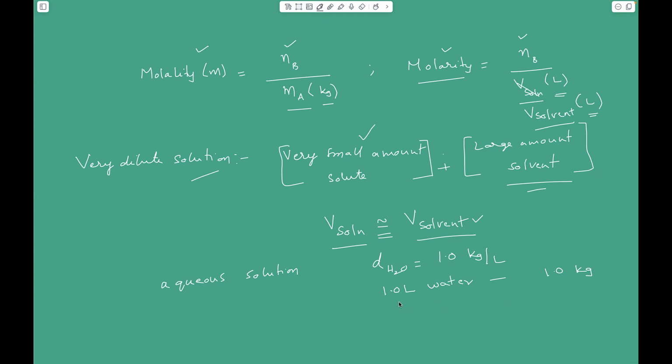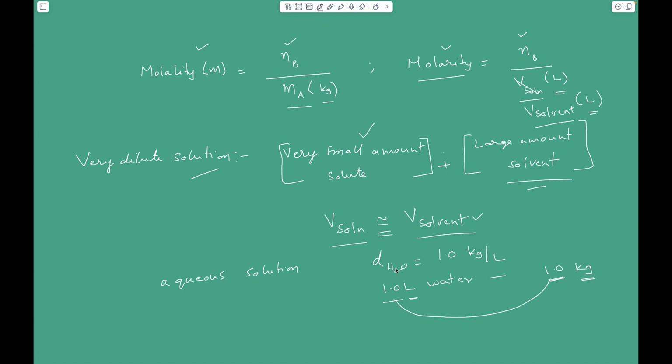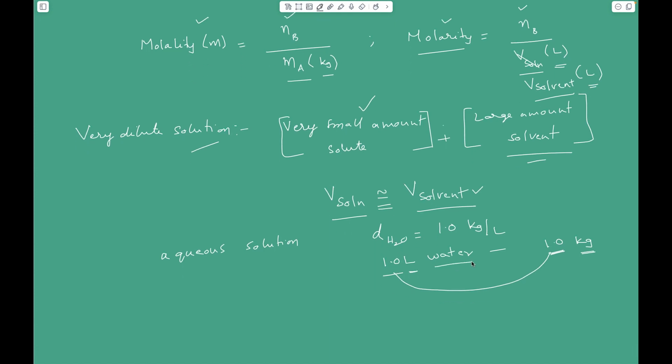So, the volume of water expressed in liters, that is 1.0, is numerically equal to the mass of water expressed in kilograms, that is also 1.0, right? These two have the same value. So, under normal conditions, the volume of water expressed in liters is numerically equal to the mass of water expressed in kilograms.